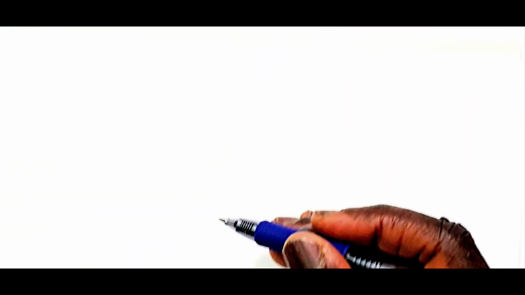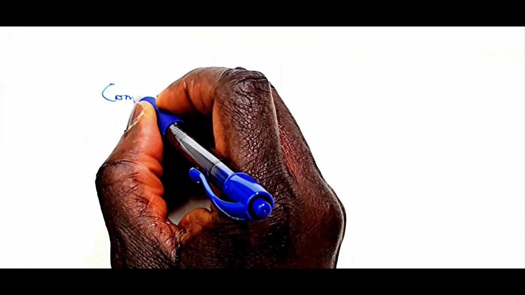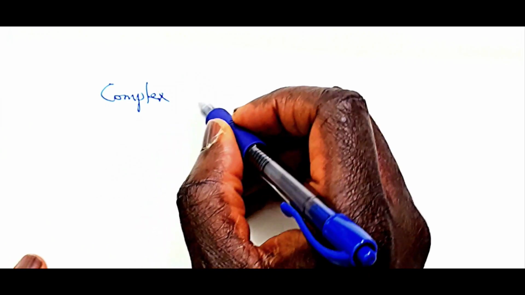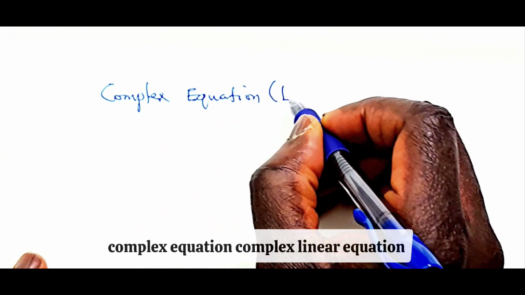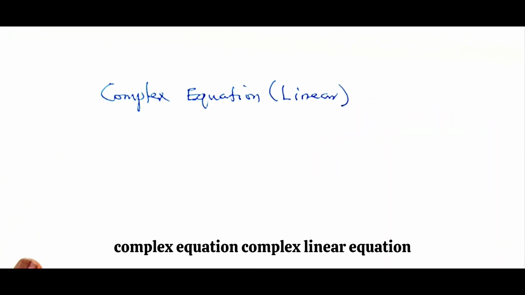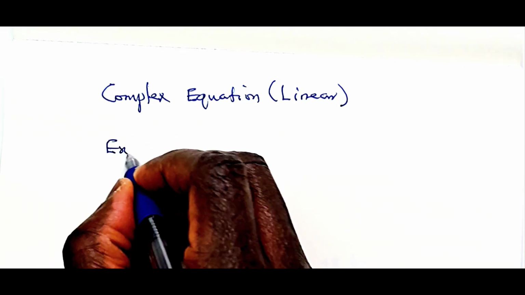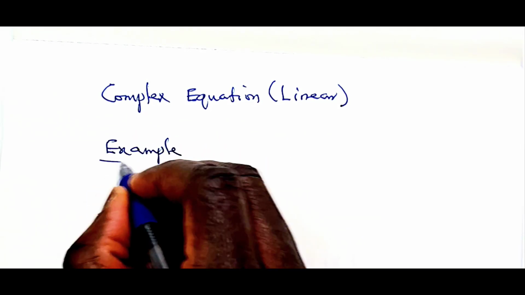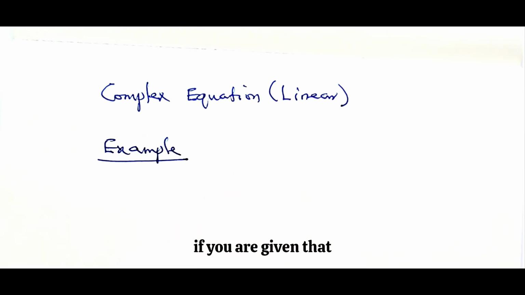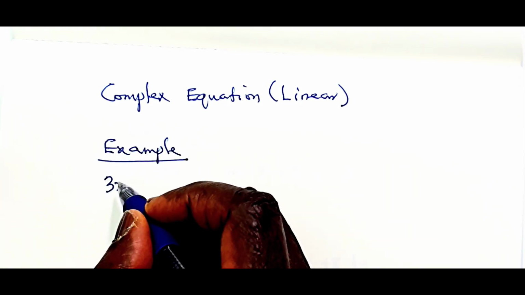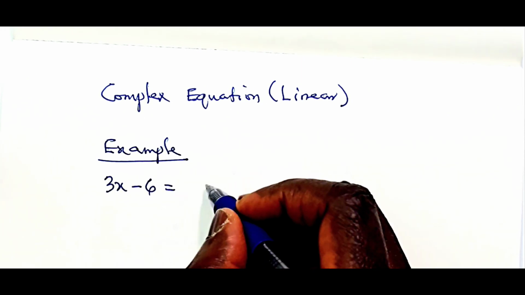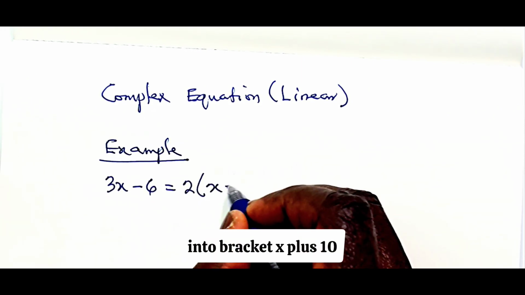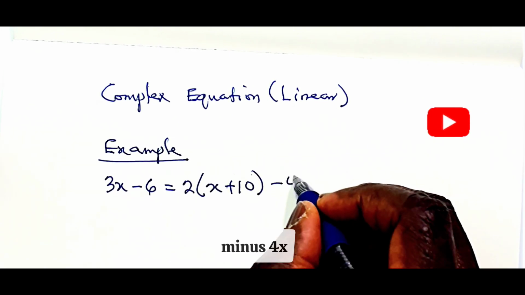We go into a more complex linear equation. So an example under that, if you are given that 3x minus 6 equals 2 into bracket x plus 10 minus 4x.